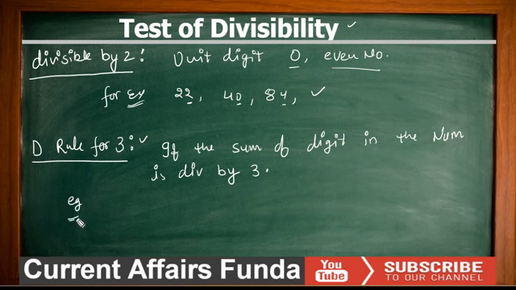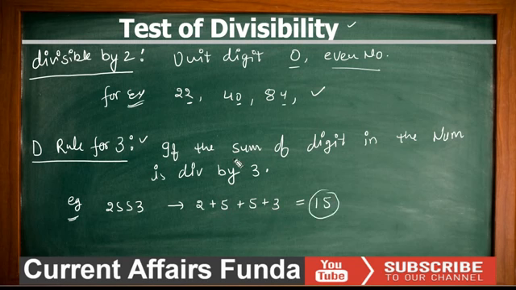Example guys, suppose you have a number like 2553. Add all the digits, so it will be 2 plus 5 plus 5 plus 3. 2 plus 5 is 7, 7 plus 5 is 12, 12 plus 3 is 15.